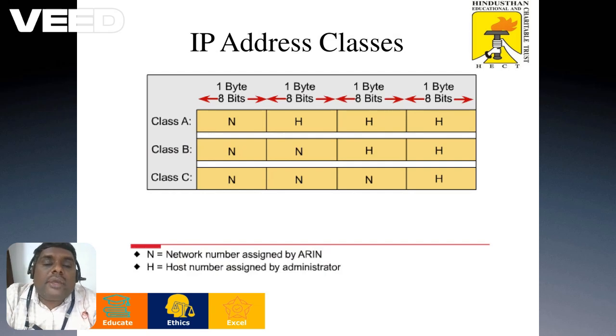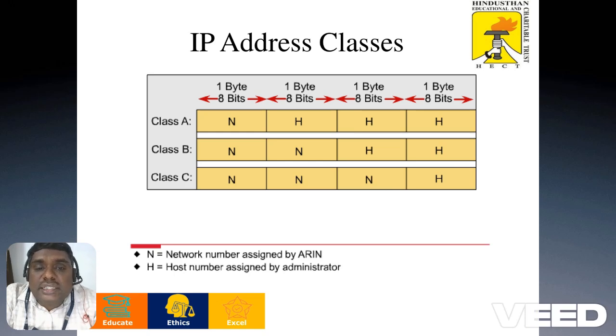The IP address will be split into five classes: class A, class B, class C, class D, and class E. Class D and class E are reserved, and class A, class B, and class C are the usable ones. In class A, the first 8 bits are the network ID and the remaining bits are the host ID.